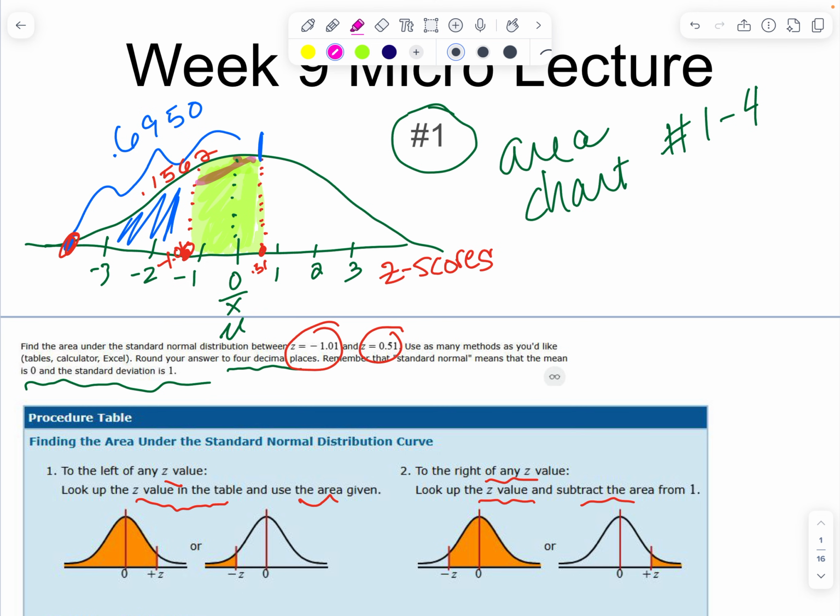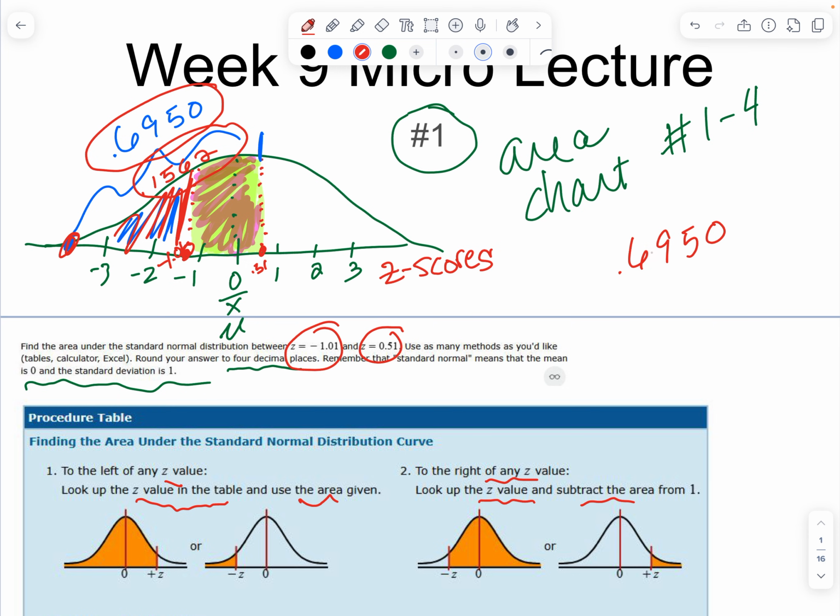Let's highlight that. If we want this, we need to subtract. We need to take the bigger piece, 0.6950, subtract out the little piece, which is this piece right here, and that'll leave us that little chunk there. So 0.6950 minus 0.1562. So if we do the math on that, we should end up with 0.761.